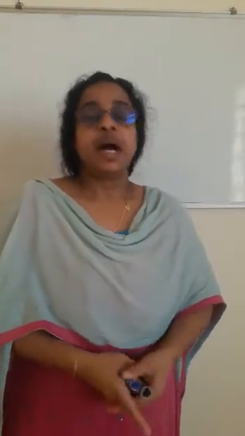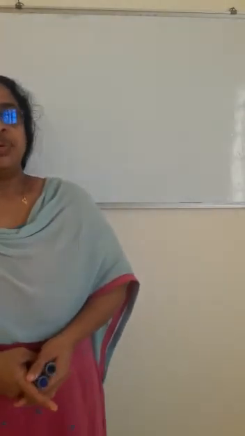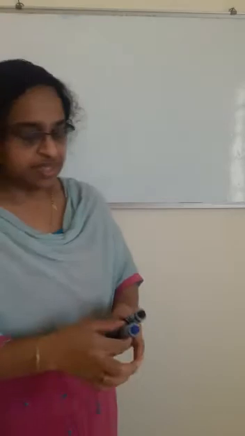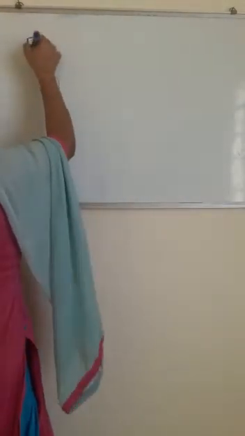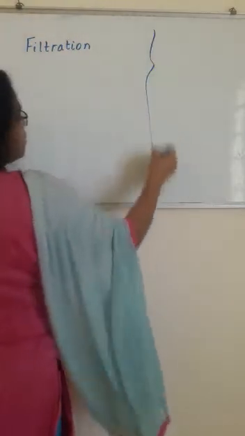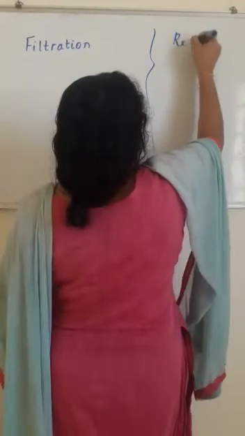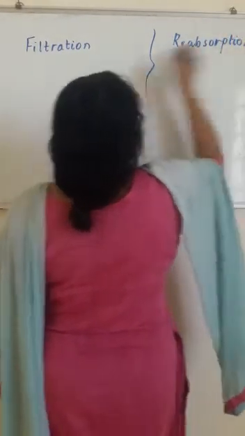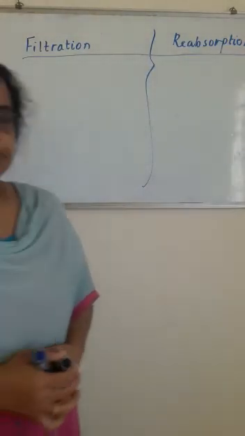So next is how the urine is formed. We have to learn there are many processes, but you have to learn only two processes. The first is filtration and next is reabsorption. So these are the two main things you have to learn.